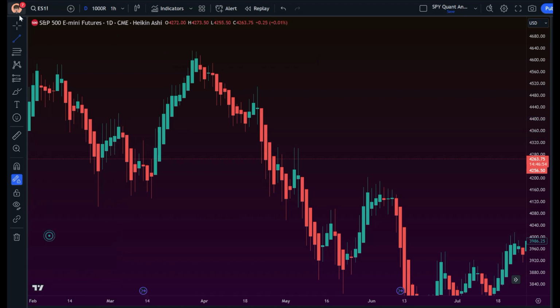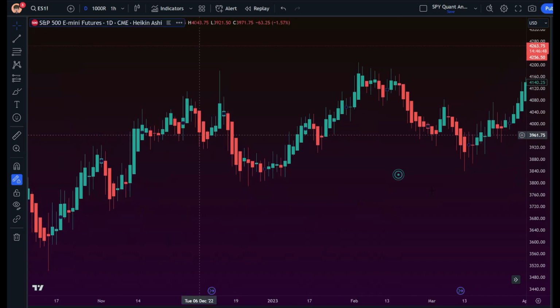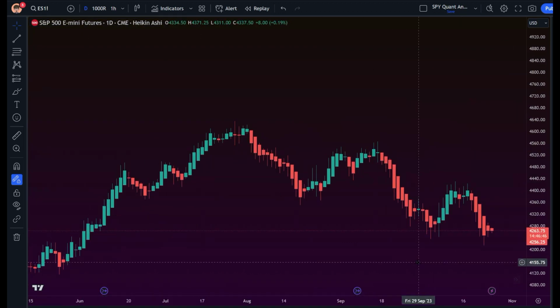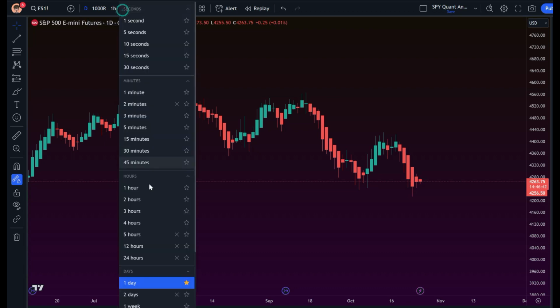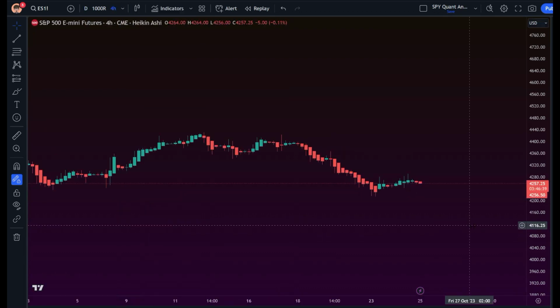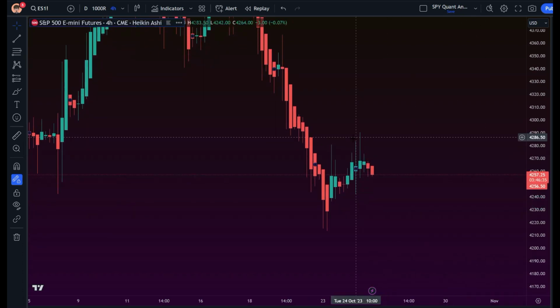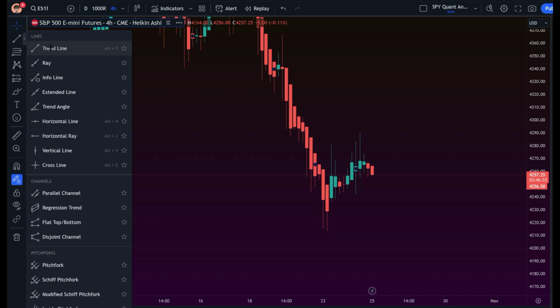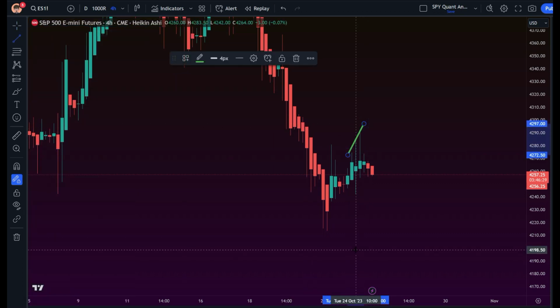You can try to find confirmation on the smaller time frames. So if you're looking, there's something really clear on the daily, you can skip down to the 4 hour, the 1 hour, etc., etc. So where we are now on ES, you can see we have a clear bearish continuation pattern.